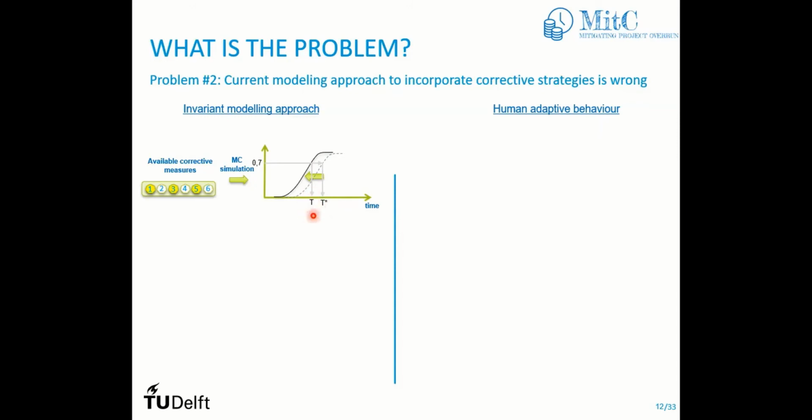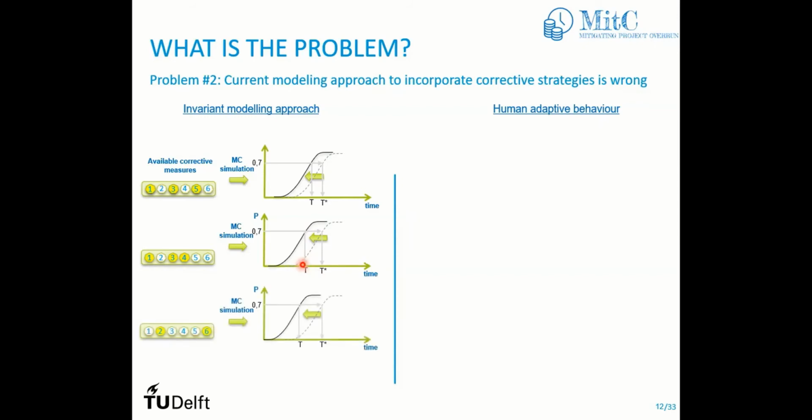But maybe you are not happy with this T, then you try another set of mitigation measures, and we call it a mitigation strategy, in other words. So strategy 1, 3, and 4, and you get a better T in this case, but probably you are still not happy with it, then you keep trying until you get something that satisfies you. For example, here 2 and 6 will get you the best T, the T that you are looking for, that you are happy with.